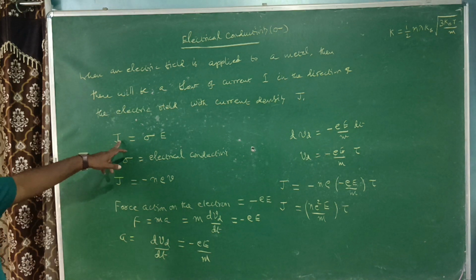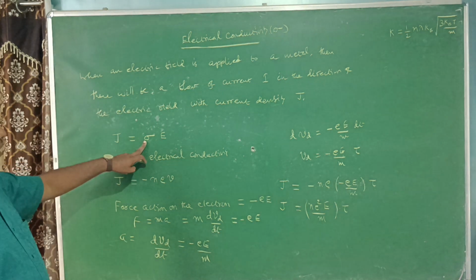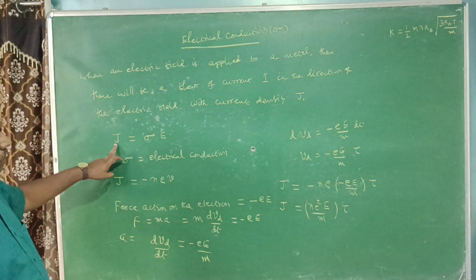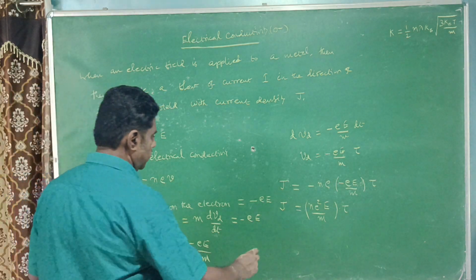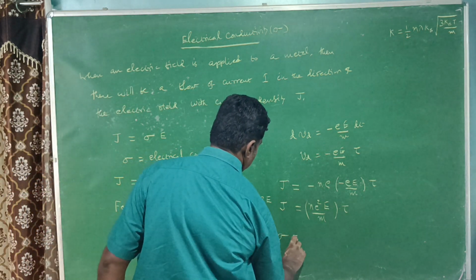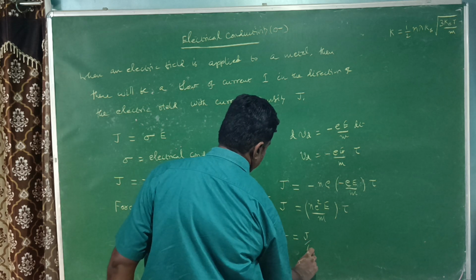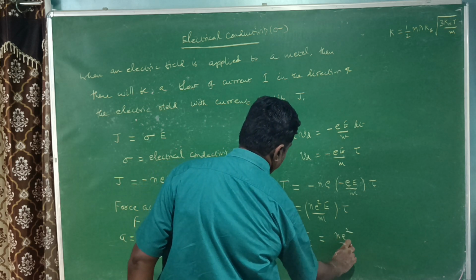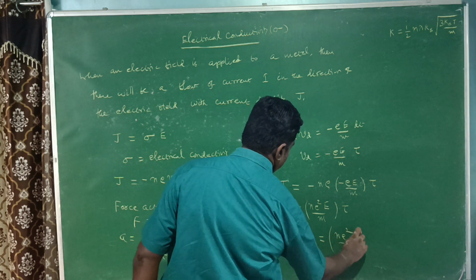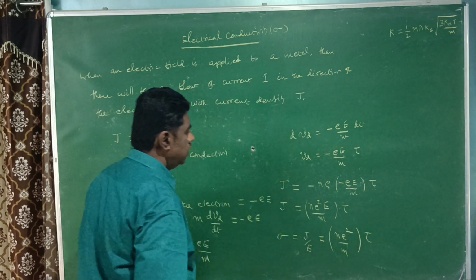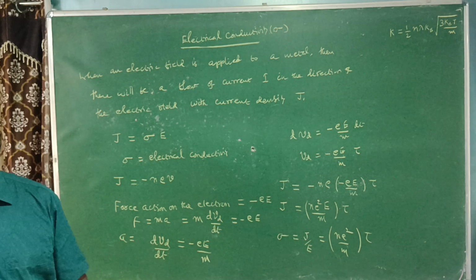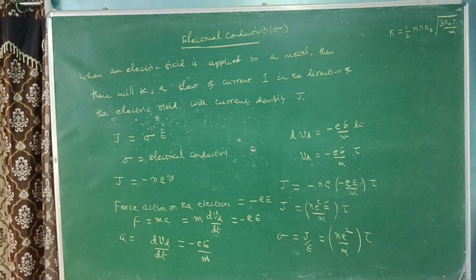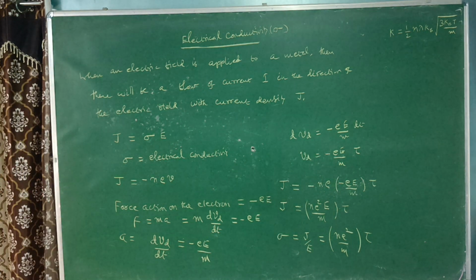Now sigma, that is electrical conductivity, is J by E. Sigma, which is equal to J by E, which is n e square divided by m into collision time tau. Now we'll simplify this equation further.